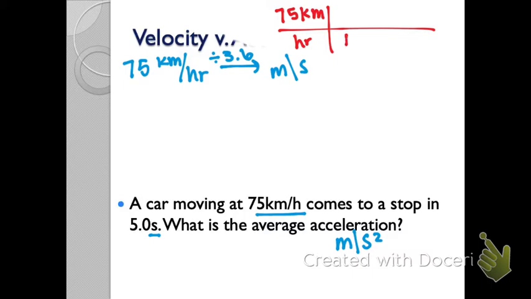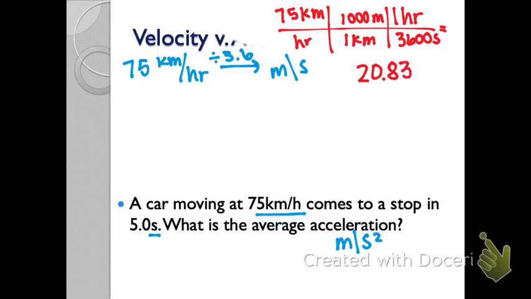I'd say 1 kilometer equals 1,000 meters, and 1 hour equals 3,600 seconds. So I'm doing the same math there, okay? But 75 divided by 3.6 gives me 20.83 meters per second.